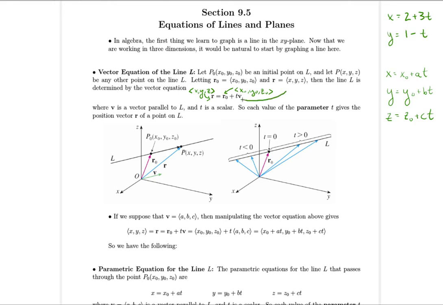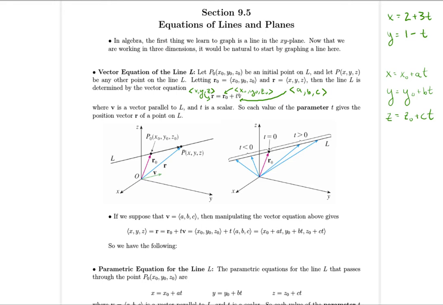And then this vector v is going to be a, b, and c. So this is a vector equation that contains all the information that you would get out of a set of parametric equations.